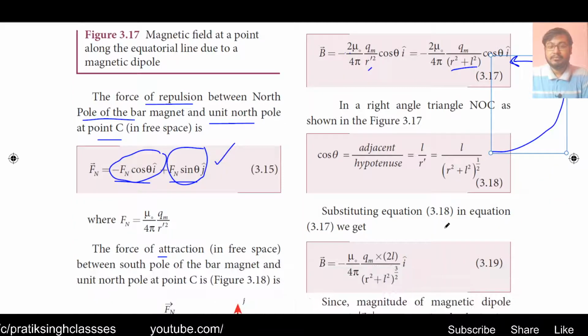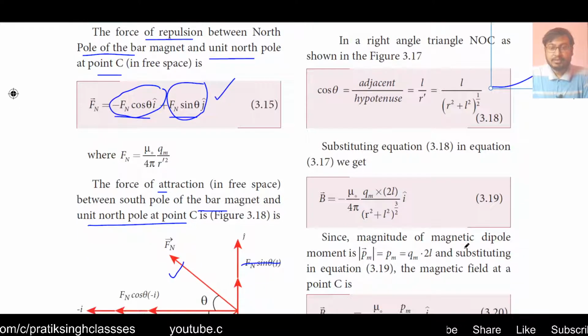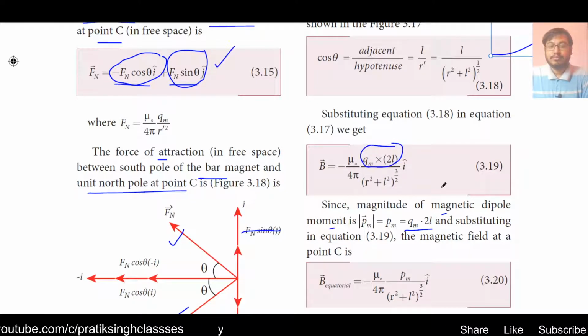What we get is vector B is equal to minus mu naught by 4 pi into Qm into 2L by r square plus l square to the power 3 by 2 into i cap. Since the magnitude of magnetic dipole moment is given by Qm into 2L, here Qm into 2L will become Pm.